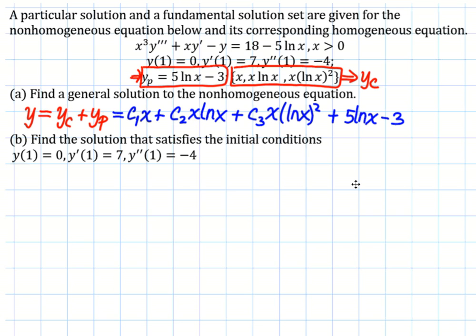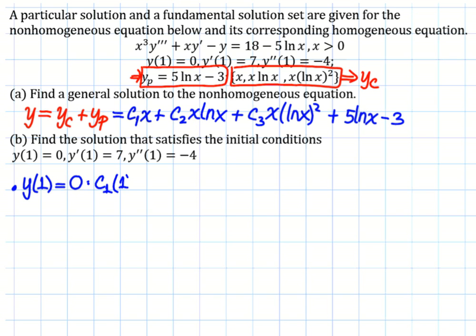Next, we will solve the initial value problem. We have initial value problem y of 1 equal to 0, meaning that if we put 1 in for x, the function equals 0. So we put 1 in for x.